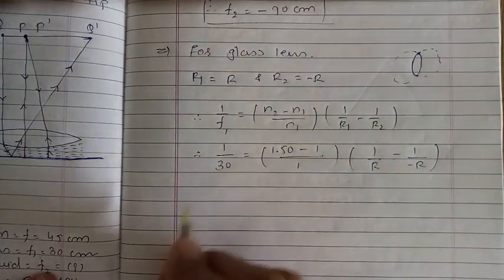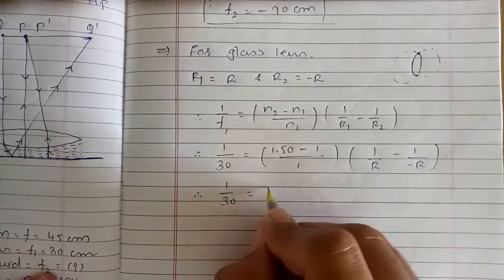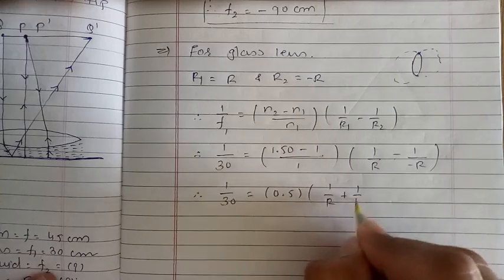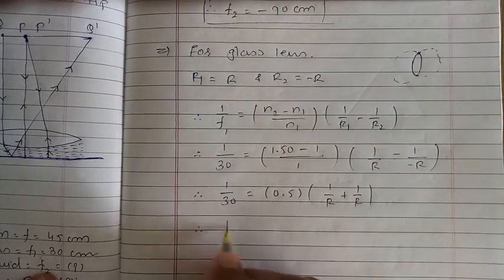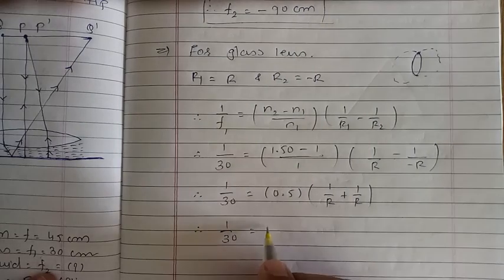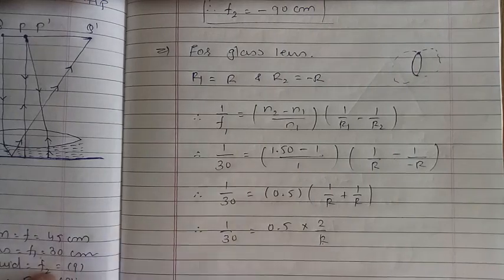So here minus minus plus, so 1 by 30 is equal to 0.5 into (1 upon r plus 1 upon r). So 1 by 30 is equal to 0.5 into 2 by r. We have to find out r, so we can get r is equal to 30 centimeter, right?